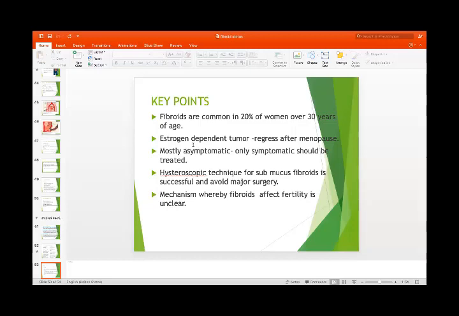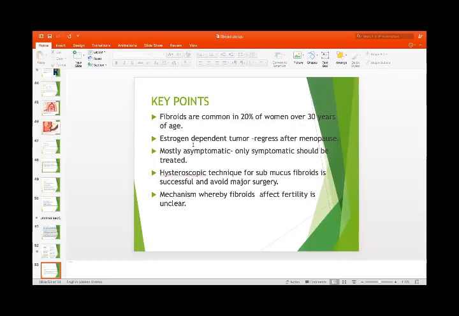fibroids. So there's another new technique, uterine artery embolization, which is a minimally invasive technique done by an interventional radiologist. It is not available everywhere, but it can be done in Royal General Hospital where we have interventional radiologists.